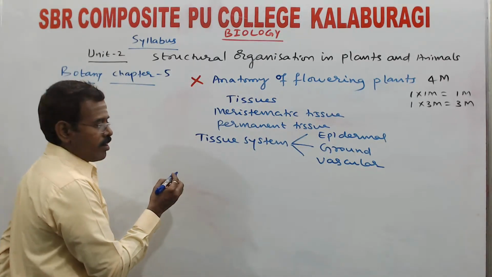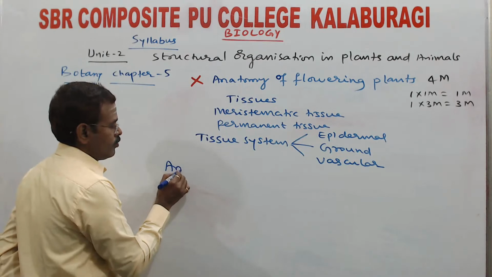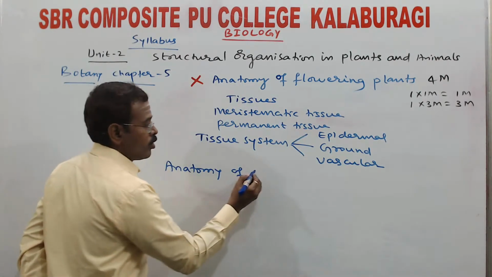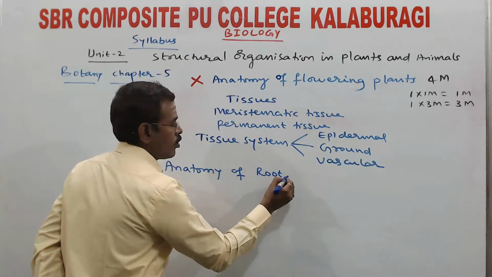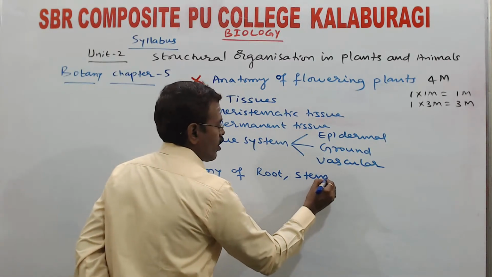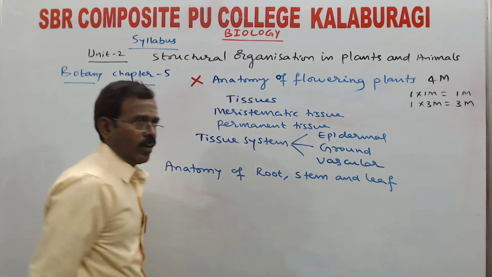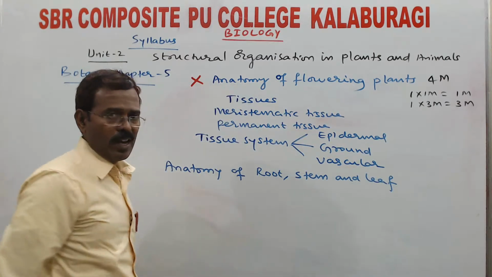Then the next important concept we learn here is the anatomy of root, stem and leaf.